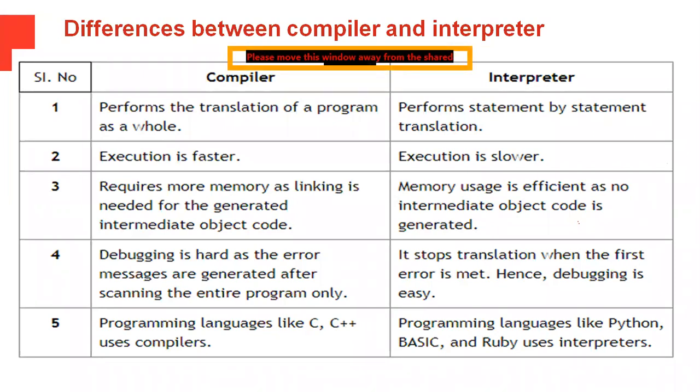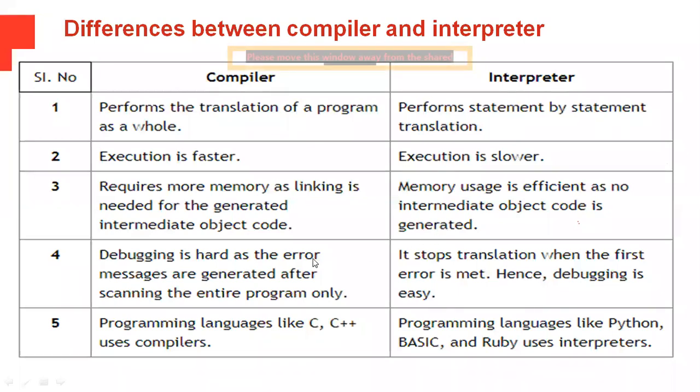So it requires more memory as linking is needed for the generated intermediate object code. And here, in the interpreter, memory usage is efficient as no intermediate object code is generated. So that is the interpreter's third point.